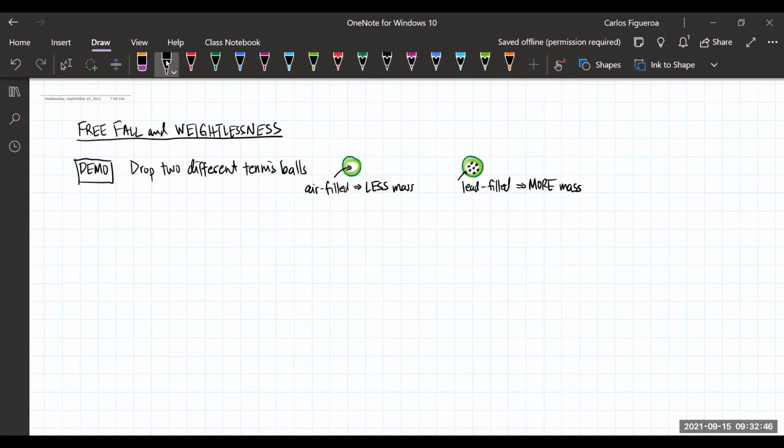So what I would do now is drop them simultaneously from the same height. In other words, I would take this tennis ball and this lead-filled tennis ball and drop them onto the ground.